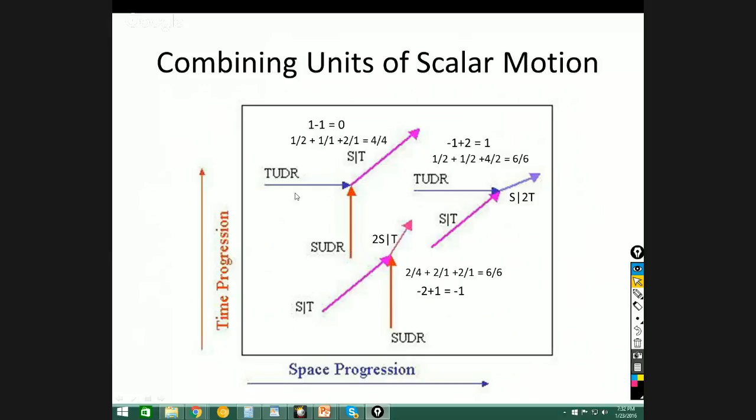This is amazing. So we can write this as a formula where we have the equivalent of the suitor, the space unit displacement ratio that is oscillating and producing this rational number because it's oscillating in space and progressing in time. And then the tutor, on the other hand, is progressing in space and oscillating in time.